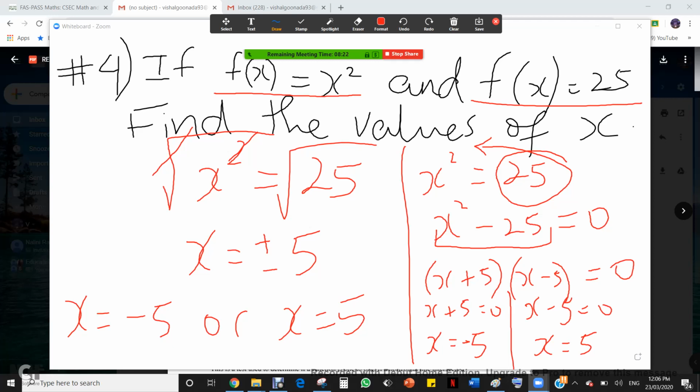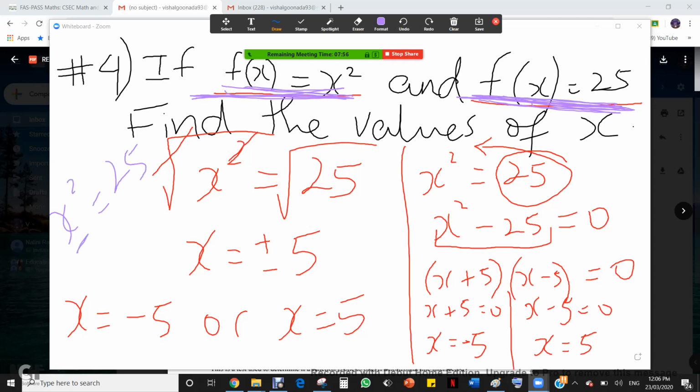Correct. In this case, they said f of x is equal to x squared, and they also said f of x is equal to 25. That means f of x, which is x squared, is the same as 25. So x squared is equal to 25.